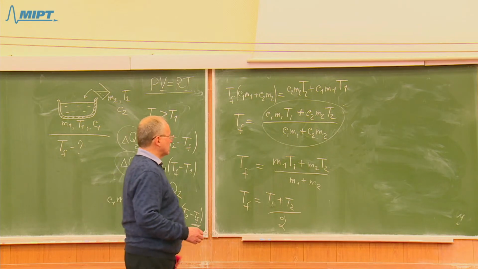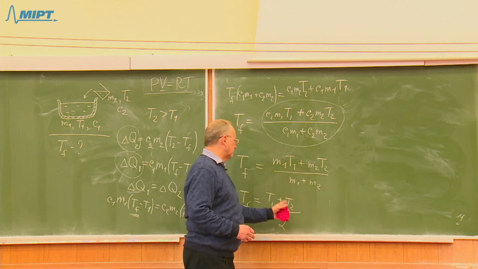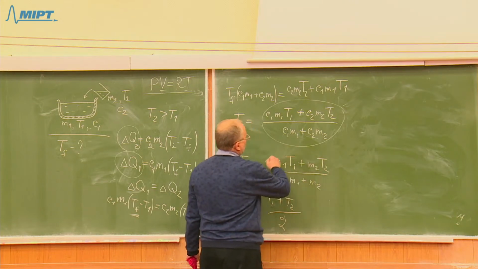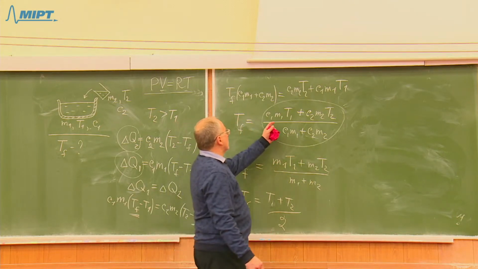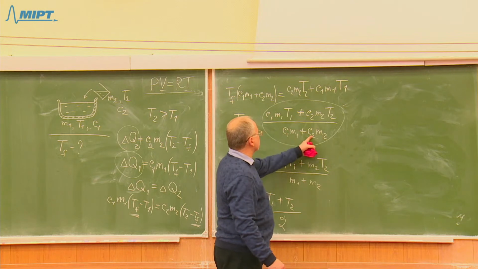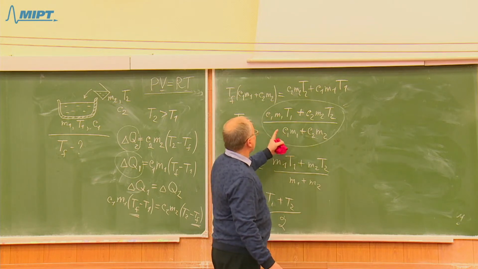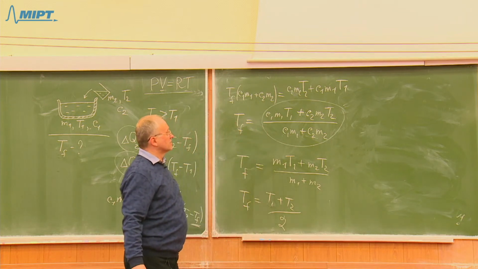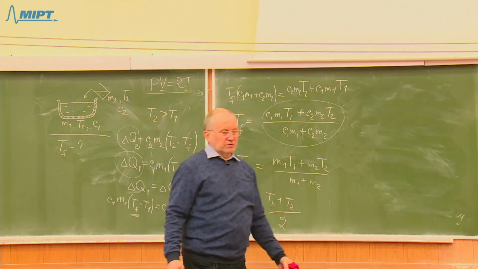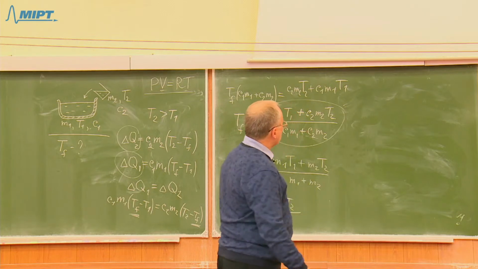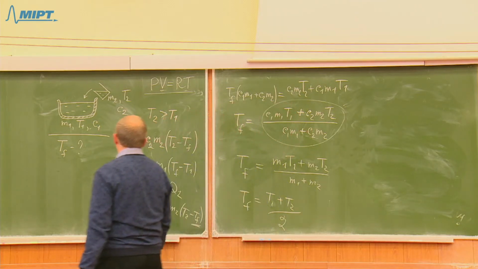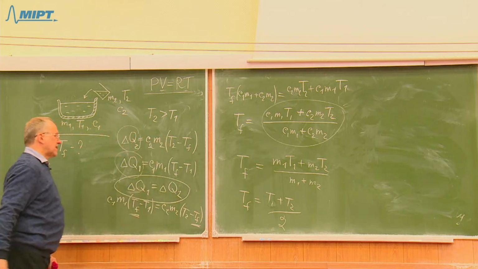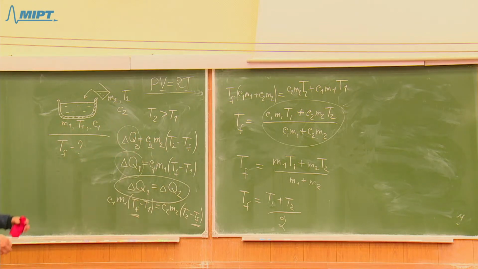That is the simplest case when masses are equal. But if masses are not equal, you have to use this formula. And if liquids are different, having different heat capacities, or specific heat coefficients, then the more general formula will be this one. So this is the way we can use a heat balance equation, heat balance, or energy balance.